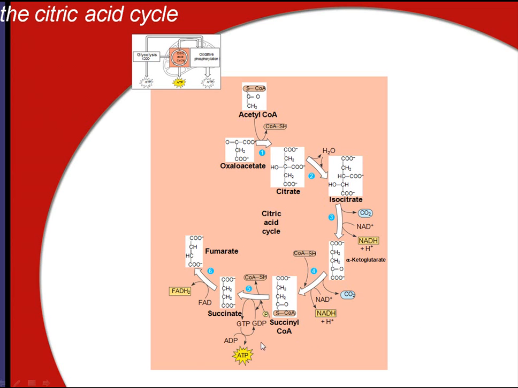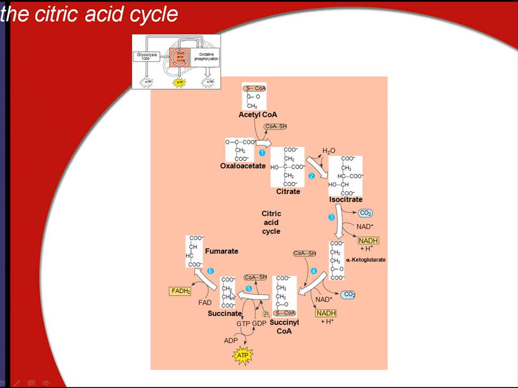We then see a series of reactions all through substrate level phosphorylation to produce one ATP molecule. Succinyl-CoA then becomes succinate, which will then reduce a FAD molecule to FADH2 to give us fumarate.